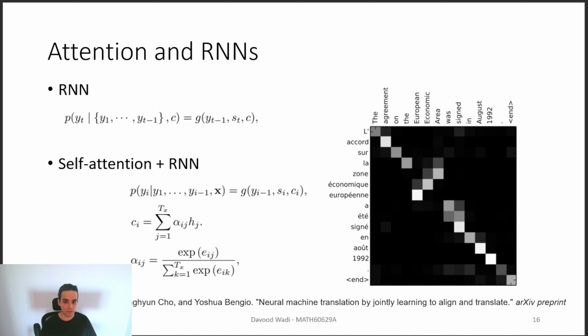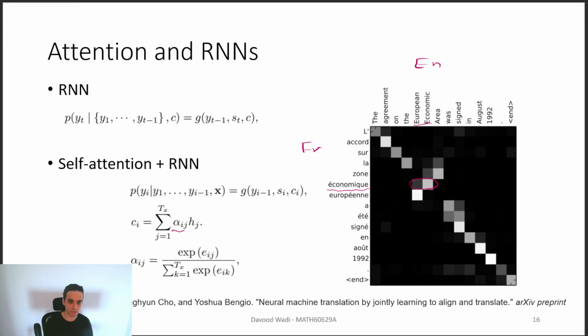In the same paper, the authors looked at the task of translating from English to French and looked at those different values of alpha for each prediction. If you look at the plot, we'll see that for the word économique, attention is paid to European economic, and this kind of intuitively makes sense.